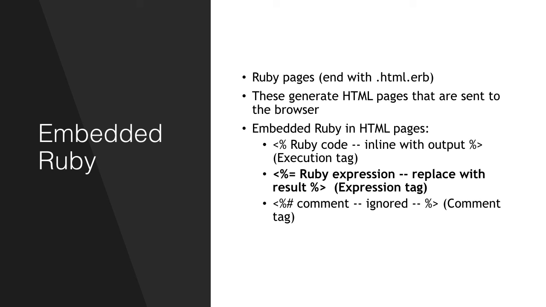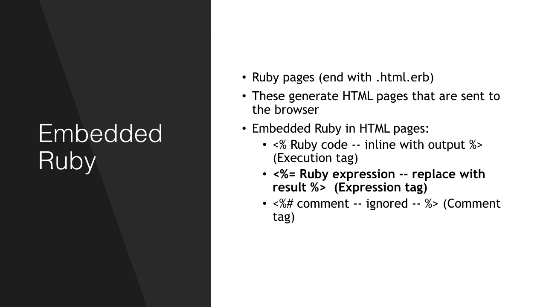The angle bracket %= is very important. It is different because that basically replaces the result from the Ruby expression into that tag to be displayed. So in a way, it's kind of like the return statement from a method. Whatever that evaluates to, that is what will be in the HTML tag at the end.